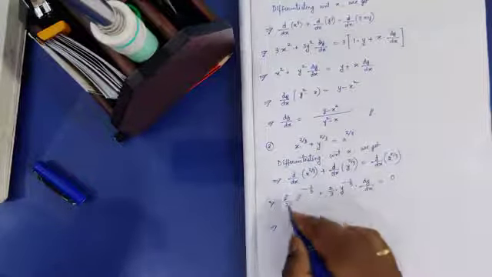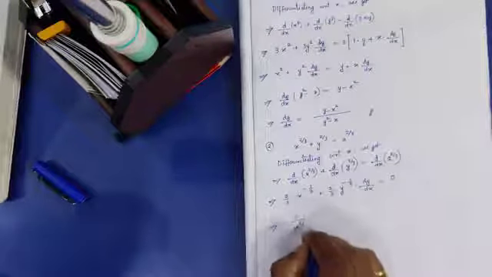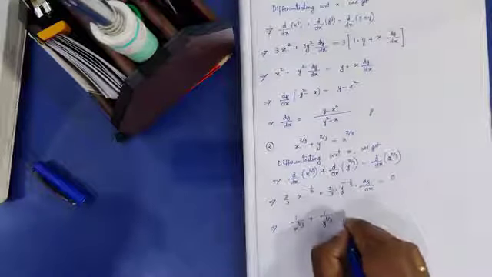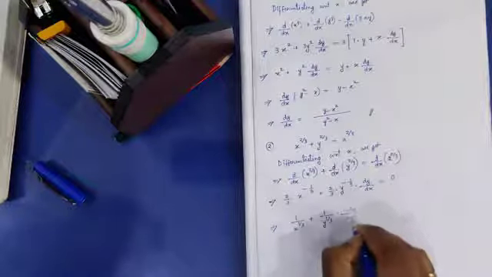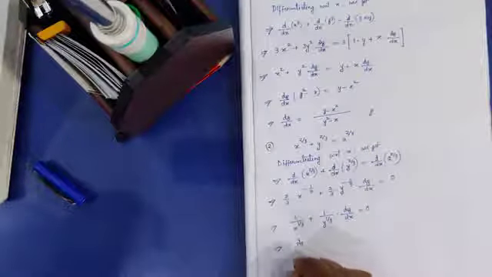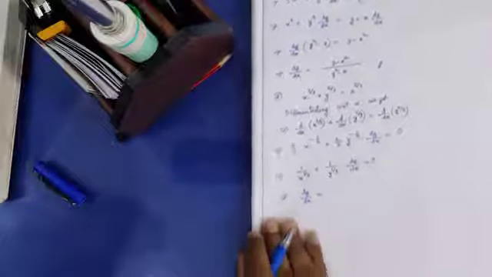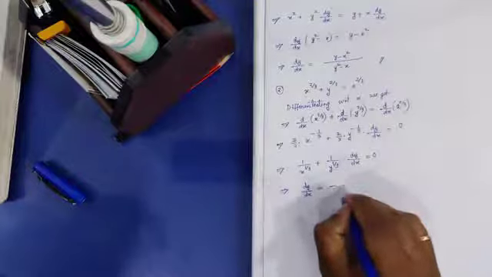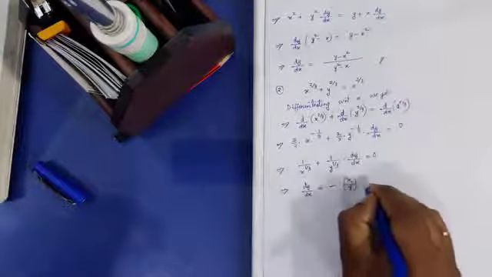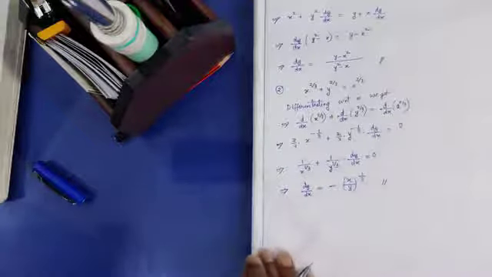You can cancel the common multiple 2 by 3. So this is 1 by x to the power 1 by 3 plus 1 by y to the power 1 by 3 dy by dx is equal to 0. After simple algebraic steps, you will get dy by dx equal to minus of x by y whole to the power 1 by 3. This is your solution.